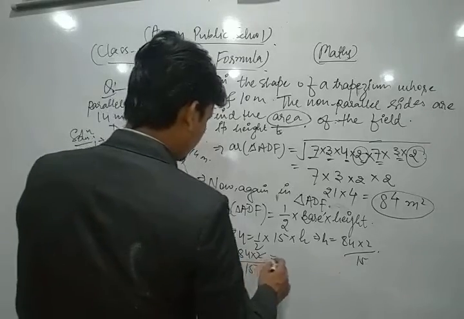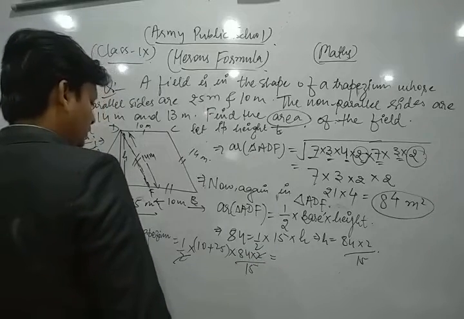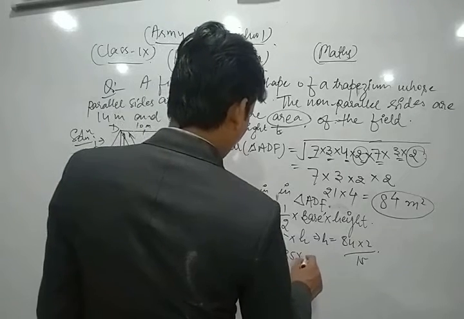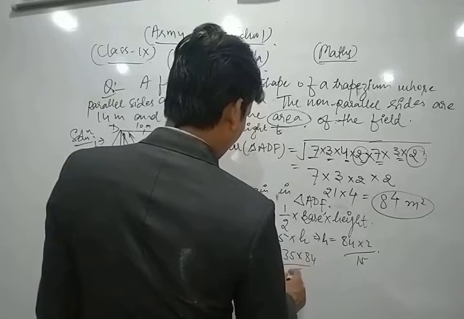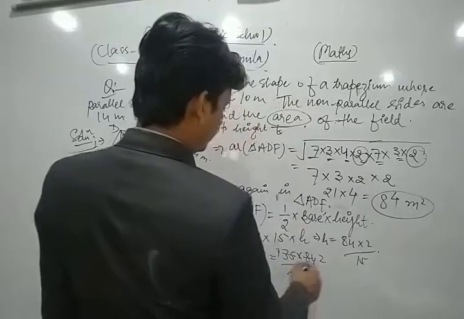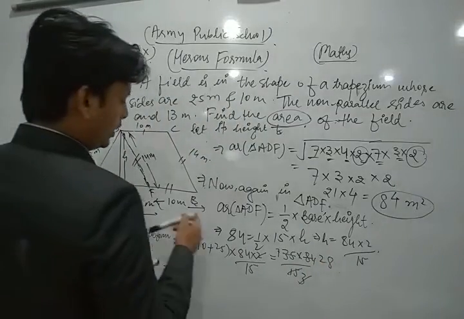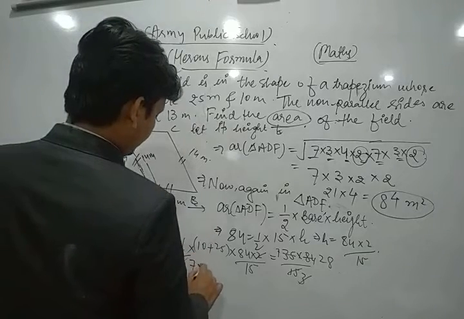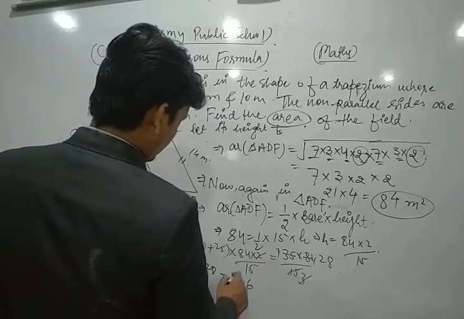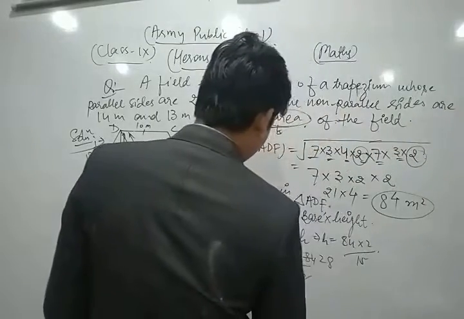Now this 2 cancels. 25 plus 10 is 35, into 84 upon 15. 5 3s are 15, 5 7s are 35, 3 2s are 6, 8. Means, dear students, 7 into 28, that is 196. Yes, so 196 meter square.